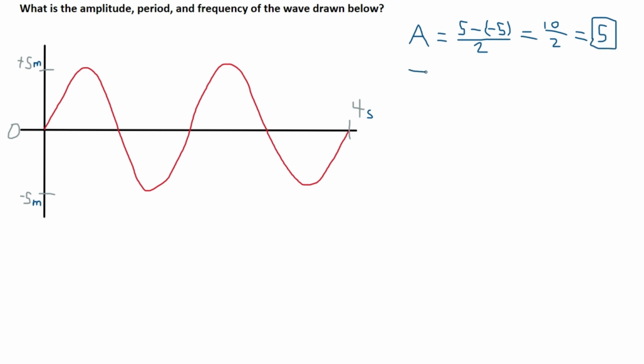Now let's find the period. The period is how long it takes for one full cycle or oscillation to occur. This can also be described as the amount of time it takes to do a cycle divided by the number of cycles.